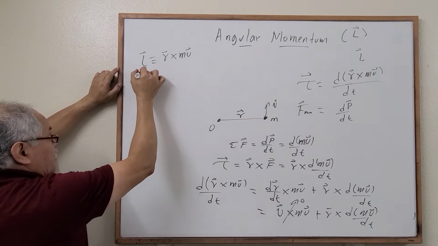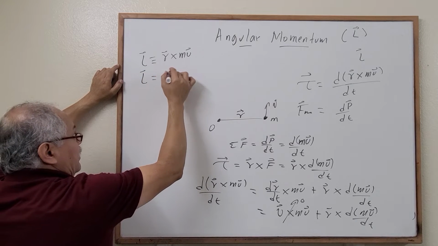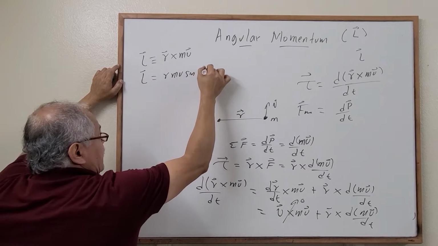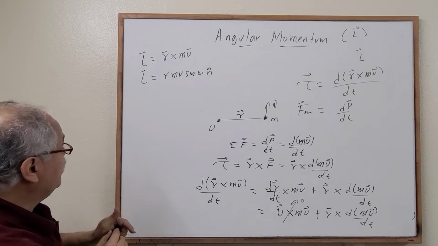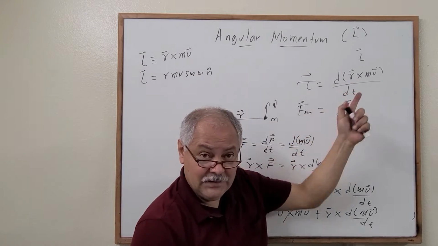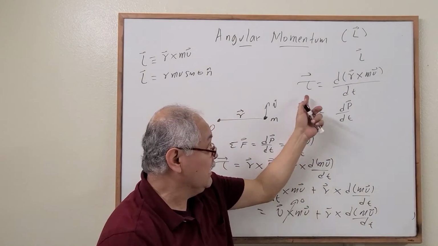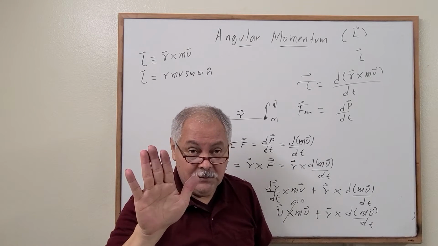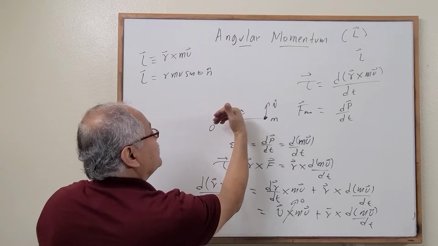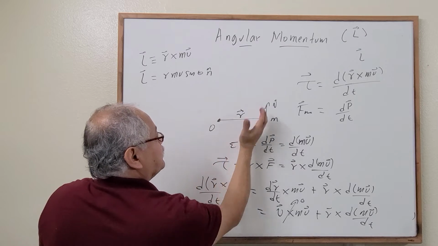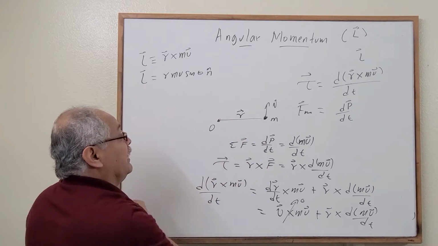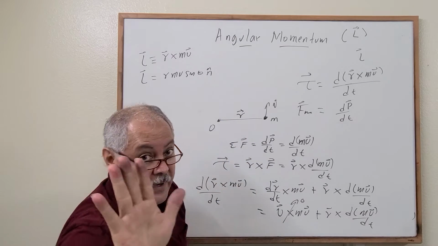We can also represent it as r m v sine theta. What should be the direction of the angular momentum? Remember, every time we have a cross product, to find the direction of the quantity we use the right hand rule. This is going to be the direction of the angular momentum.